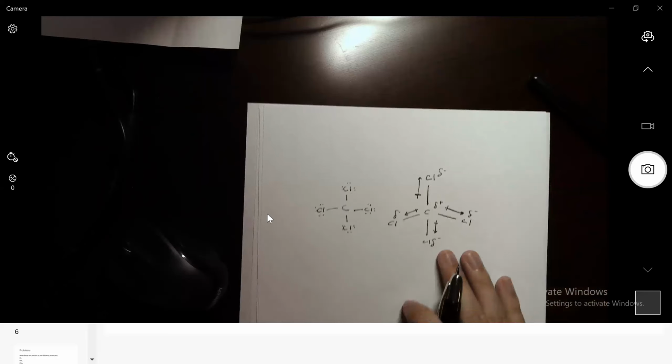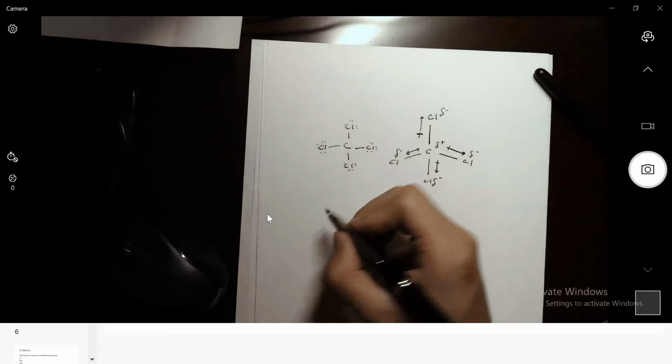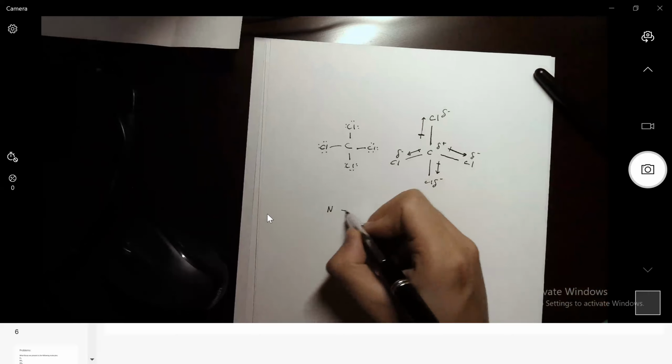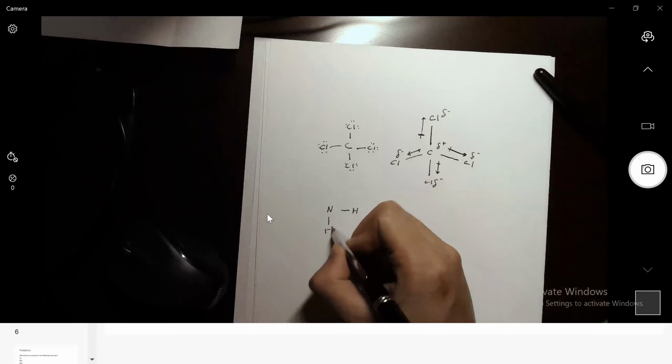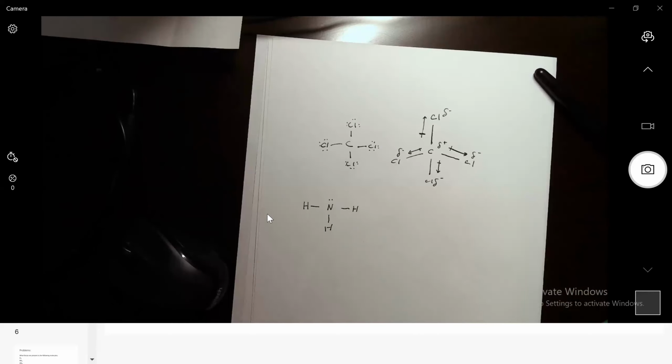So as another example, let's look at NH3, ammonia. Can someone tell me the steric number of ammonia?